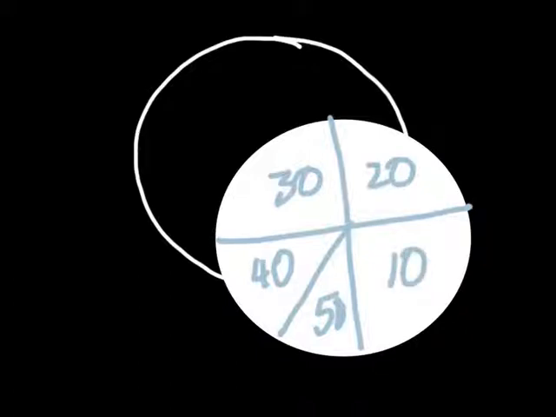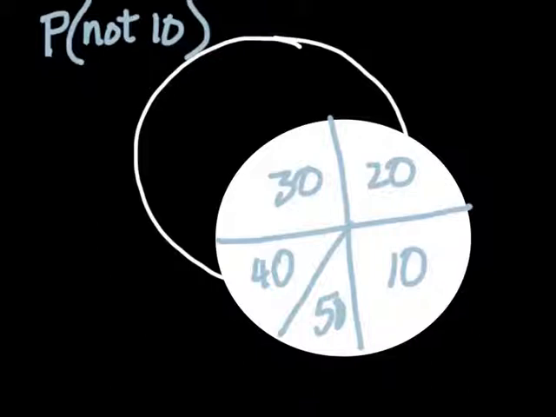And these represented the percentages of people who collected comic books or something like that. And suppose I asked you to find the probability of somebody who is not a 10-year-old collecting comic books, so not the 10-year-old group. Okay? And you want to find that probability. Well, how would you do that?